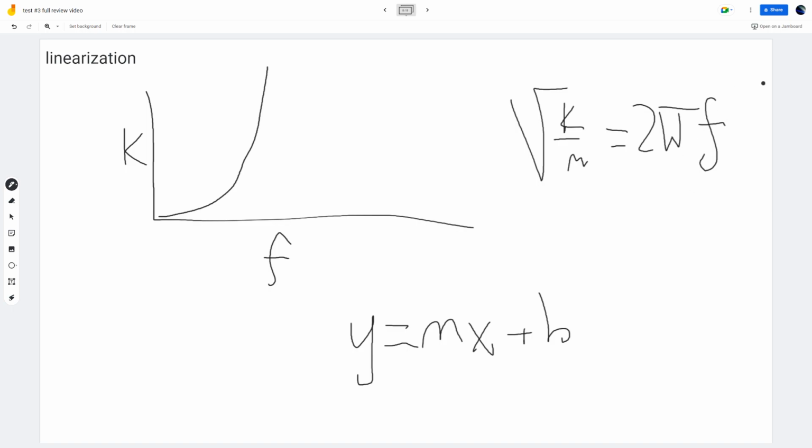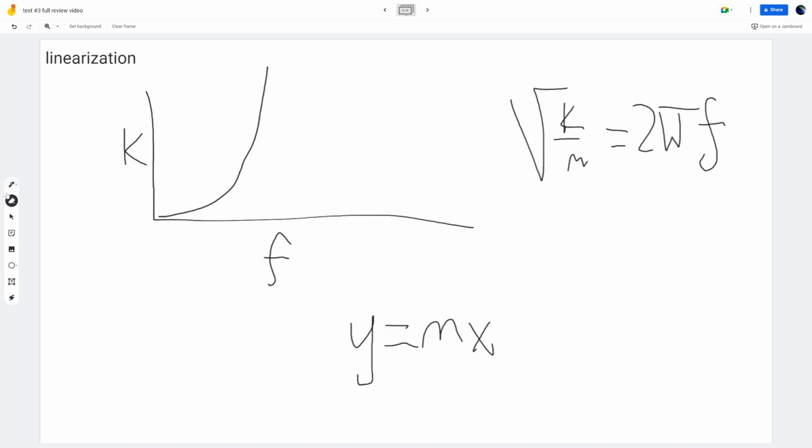As you can see, there isn't really any plus b going on over here. Experimentally, you might have a little bit of deviation, so there will be a really, really small plus b. But for example, on my lab, my plus b was like 0.003 or something like that. So it's such a negligible amount that we don't have to worry about it, and I don't think he's going to expect us to either.